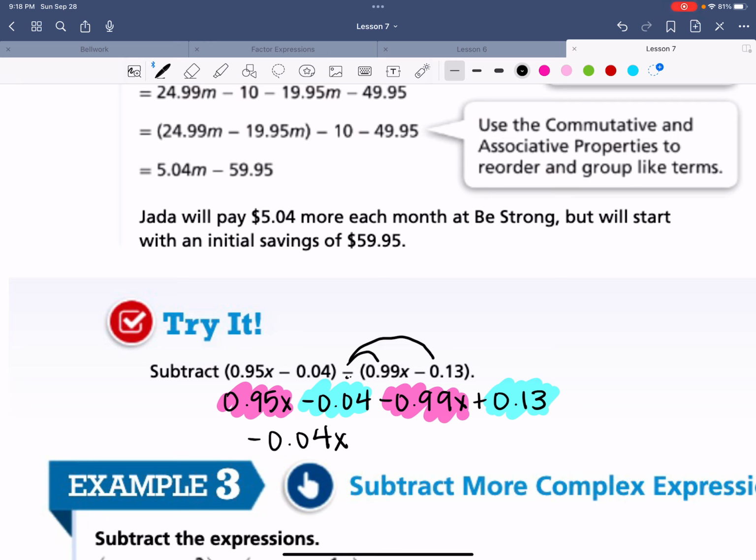Negative 4 hundredths plus 13 hundredths is positive 9 hundredths. So that is our final expression. So the only thing new today is we have to make sure we distribute the negative before we even identify our like terms, okay?